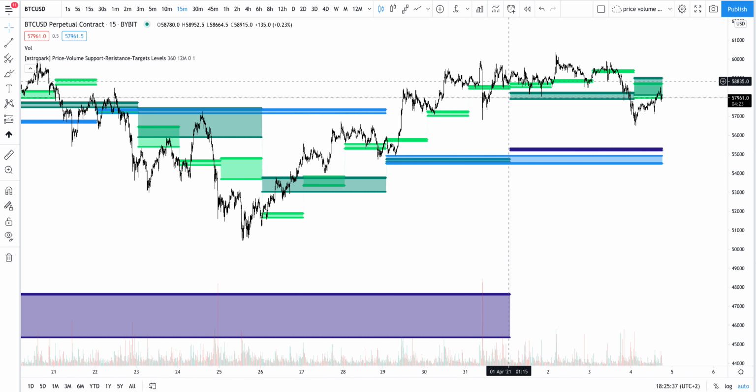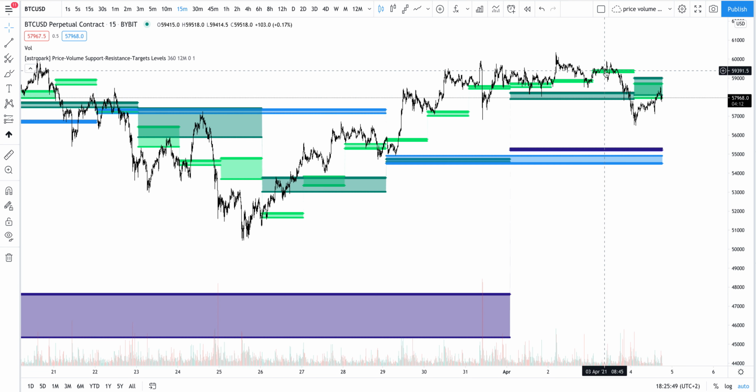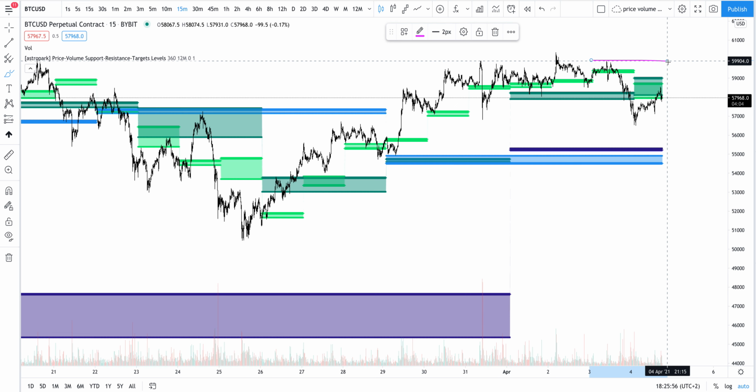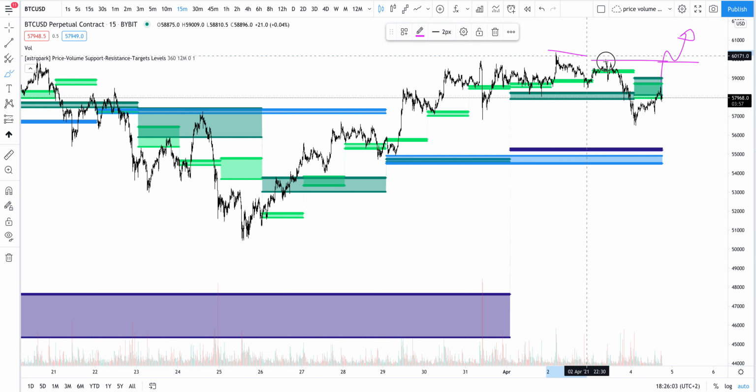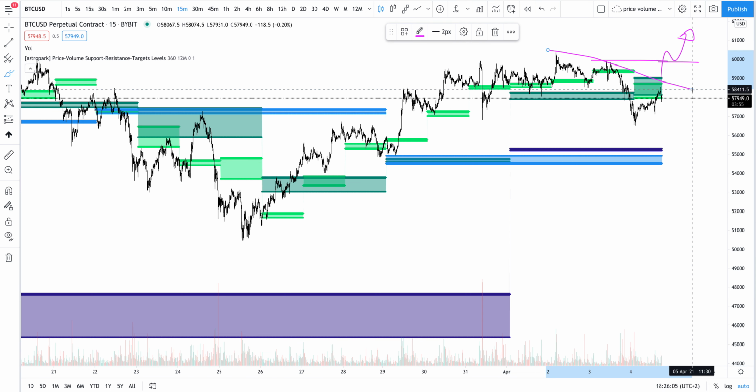Now we are in consolidation because the zones are really not moving. And here again you have a zone which appeared to be lower than the previous one. So unless we hit this high and price manages to trade above the previous high, the trend switches to bearish, unless on low time frames.